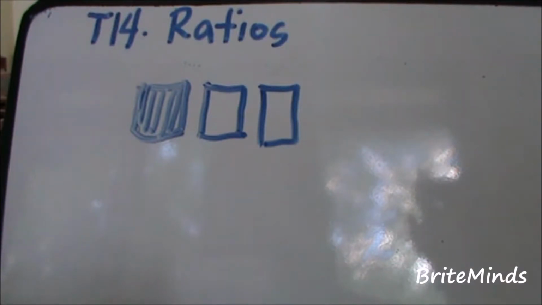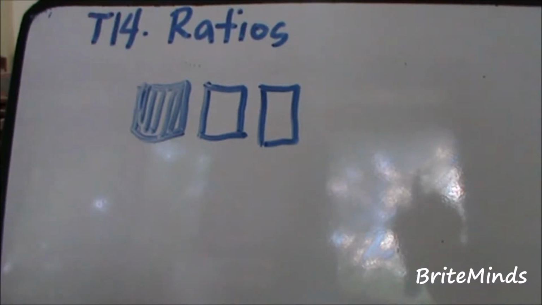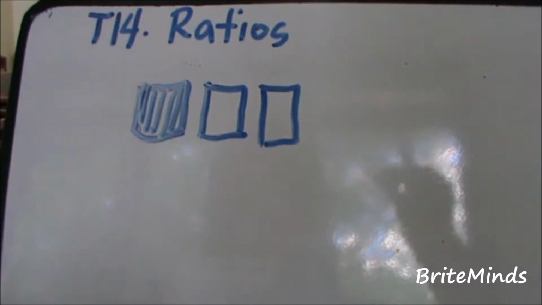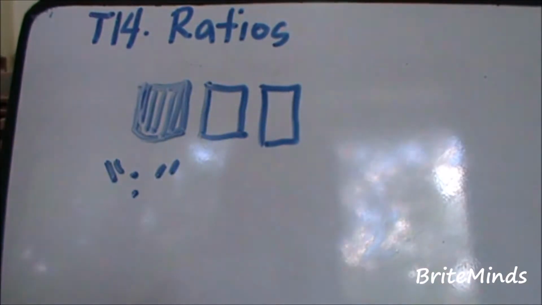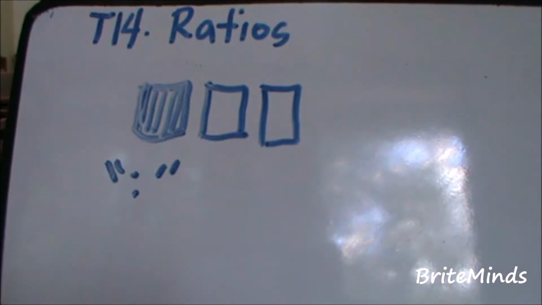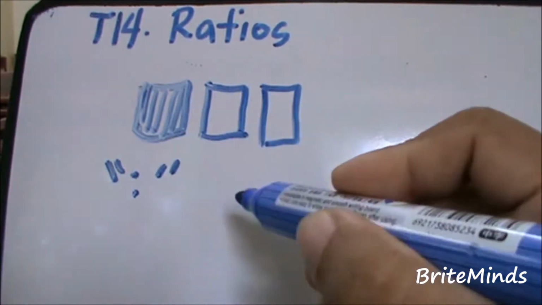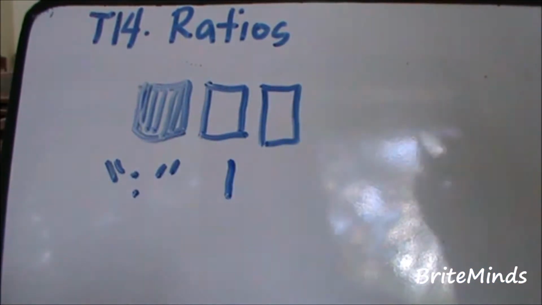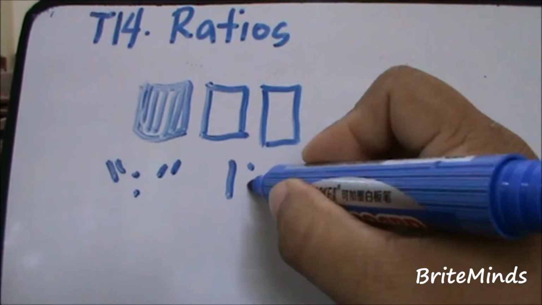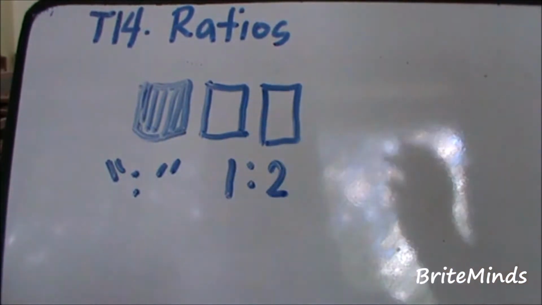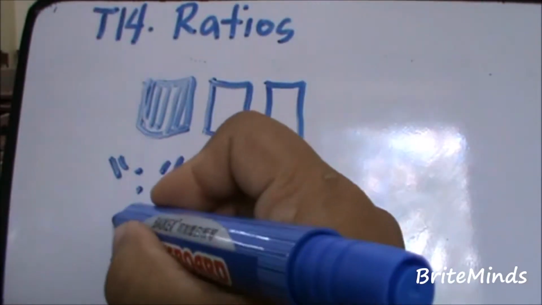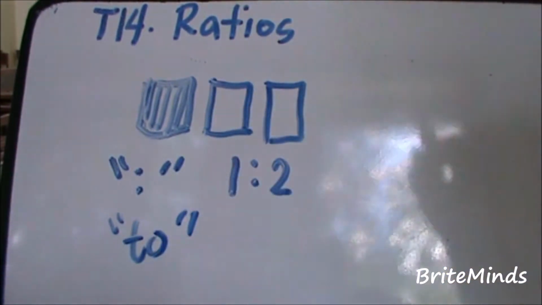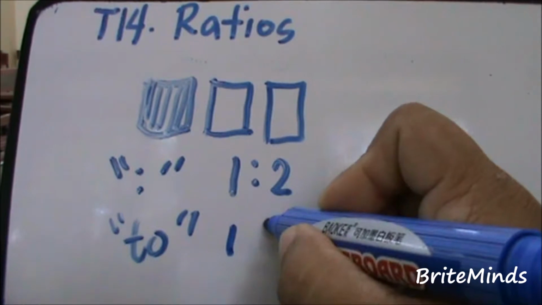So how can we express ratios? Ratios can be shown in different ways. We can use a colon, which is two dots to separate the values. Using our example, one blue square is to two white squares, or we can use the word "to": one to two.